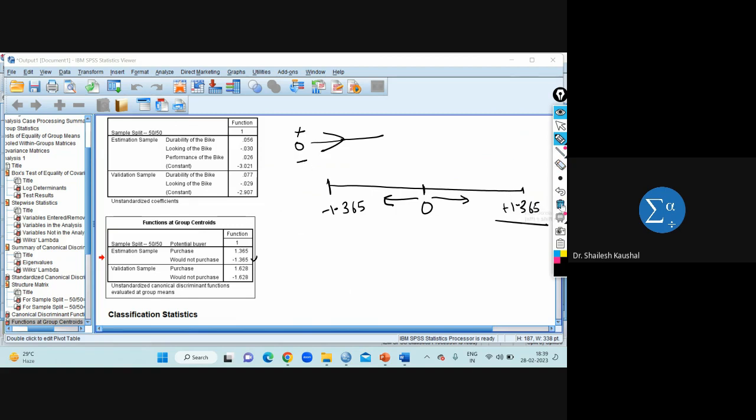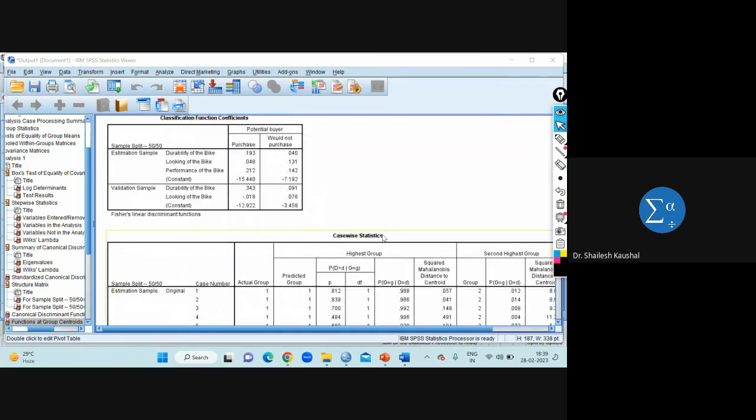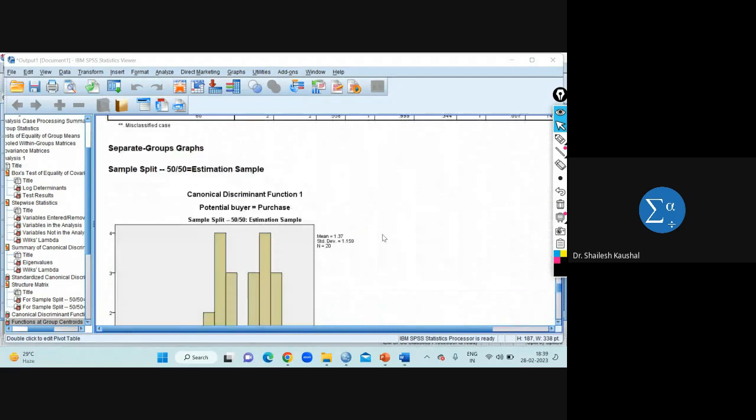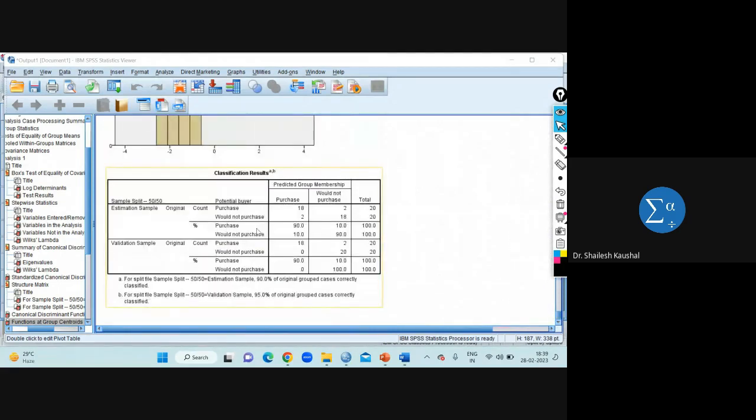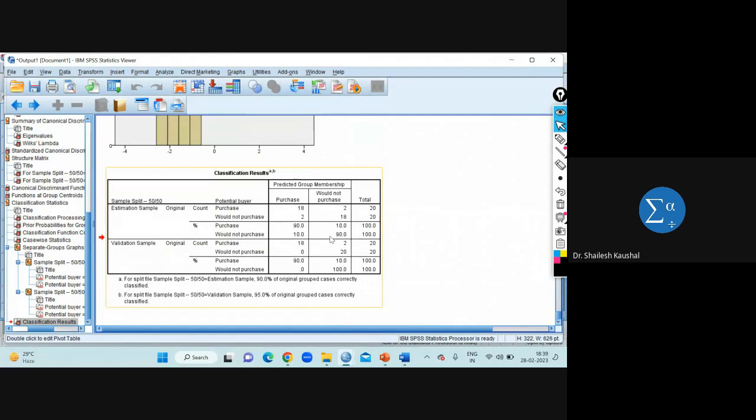Okay, so we will check how correctly my model is good. Now you can see the classification result. So here we will get the hit ratio. For the hit ratio, we have taken 20 people who purchased the product. Here you can see how much my model fits.